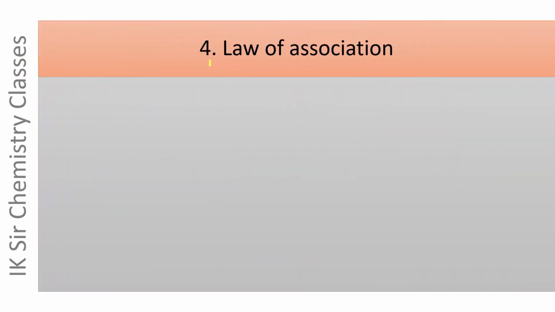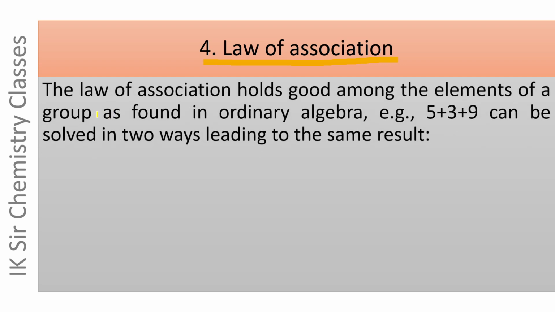And the fourth law for a mathematical group is the law of association. The law of association holds good among the elements of a mathematical group as found in ordinary algebra.